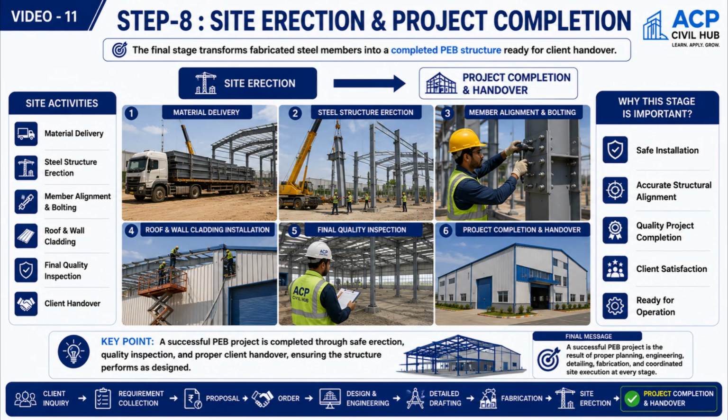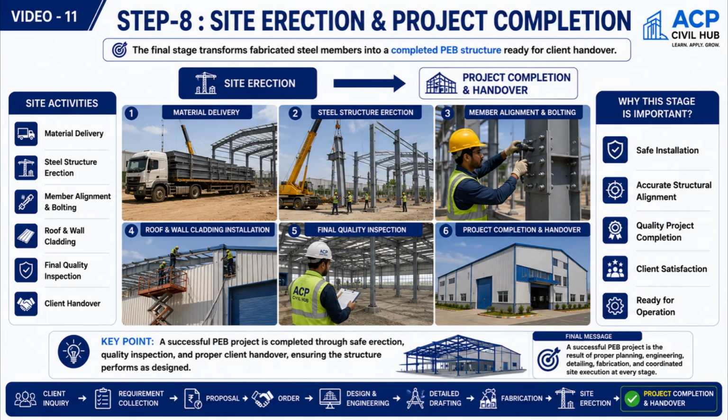The eighth and final stage is site erection and project completion. The fabricated steel members are transported to the project site where erection begins. Columns, rafters, purlins, girts, and bracing are installed according to the approved drawings.